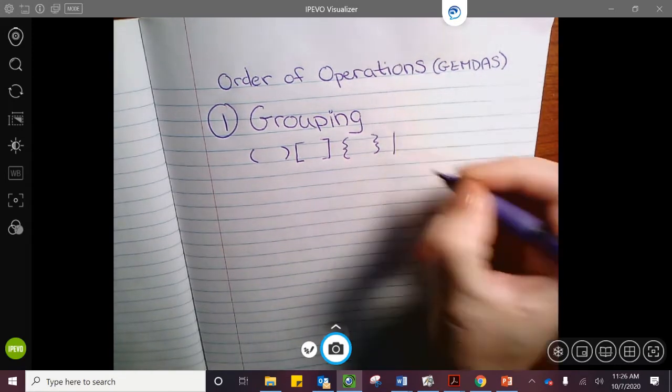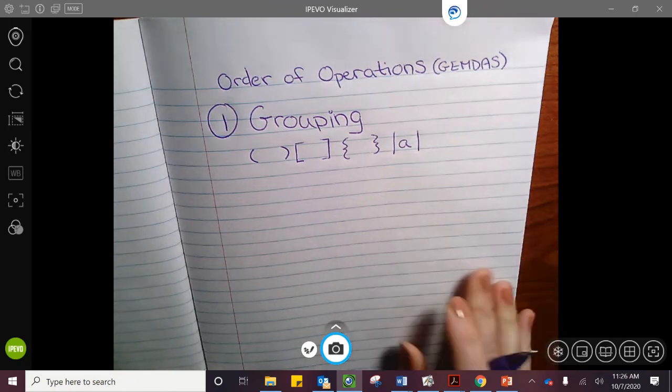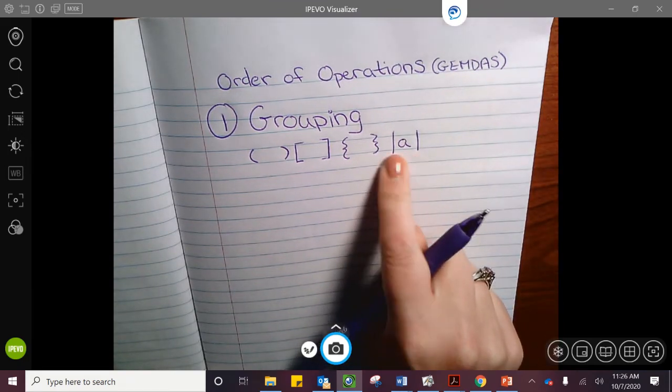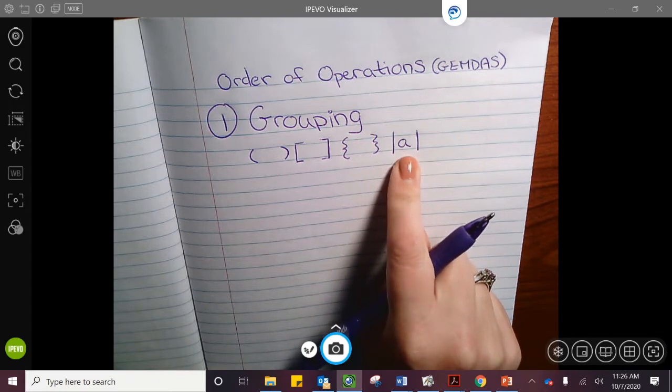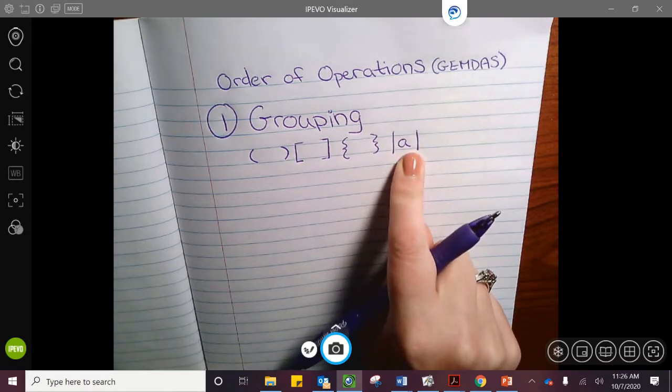Absolute value will be treated like parentheses because, and I'm just putting a variable in the middle of those lines, the reason we treat this like parentheses or another form of grouping is because you would have to solve whatever you're taking the absolute value of before you can take the absolute value of it.